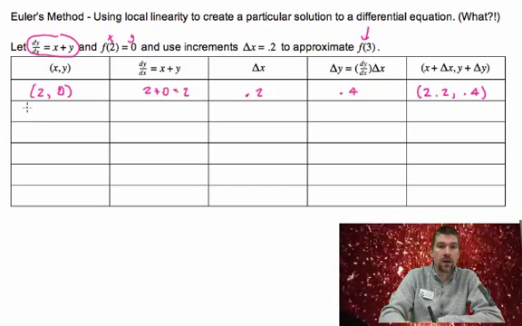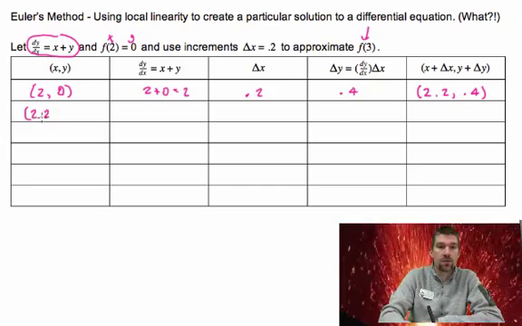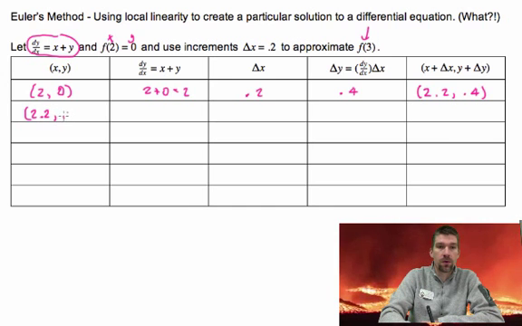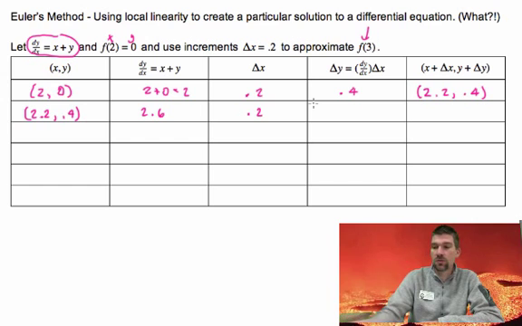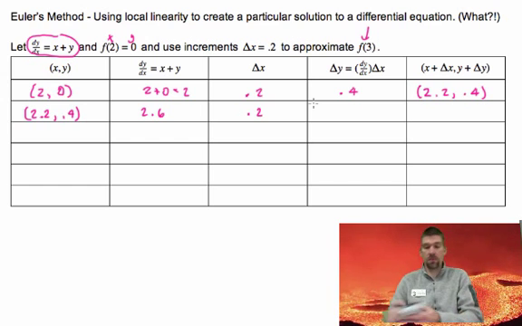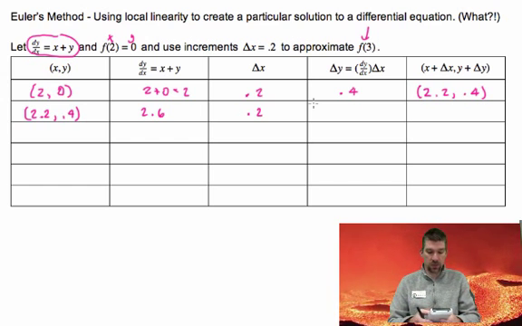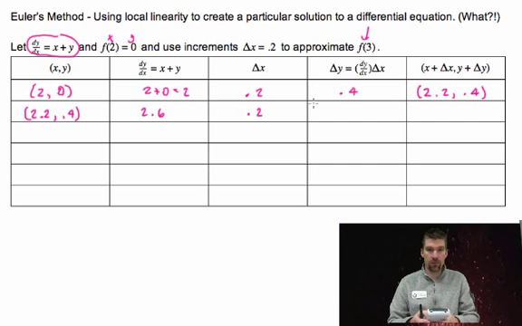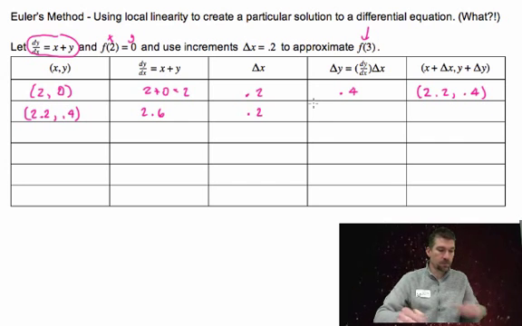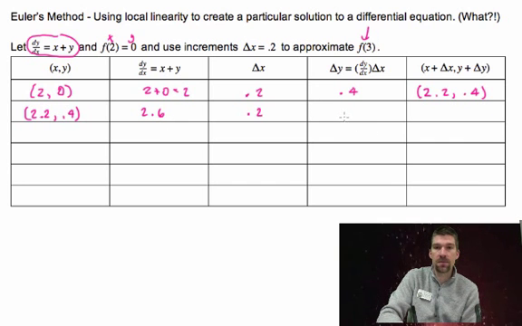So my new x and y is 2.2 and 0.4. And so I add them together. That's going to be 2.6. I multiply by delta x, which is 0.2. If you'll just humor me, I like to double check myself on this, because if you get off early on, then you'll be off the rest of the time. So I get this to be 0.52.